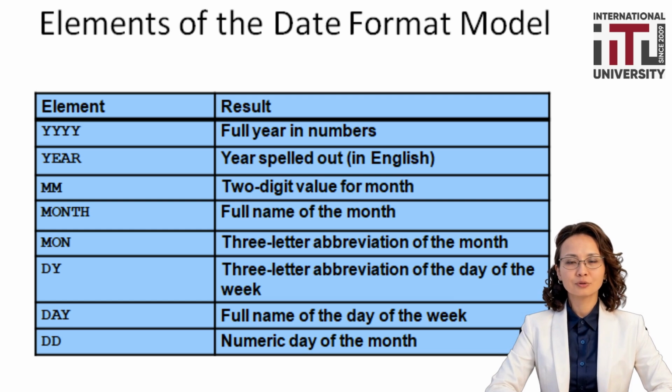MON shows the abbreviated three-letter month name. DY displays the abbreviated day of the week. DAY shows the full name of the day. DD displays the numeric day of the month. By combining these elements, you can create flexible and customized date formats depending on the requirements. Overall, format model elements allow precise control over how date values are presented in SQL output.